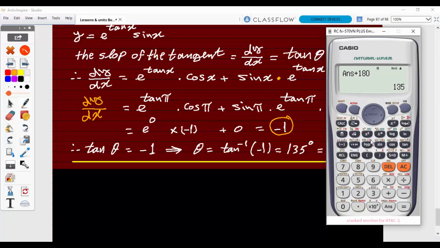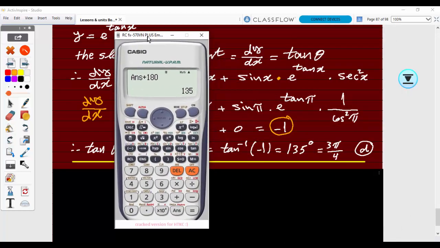equals 135. To convert it to the radian measure, you can multiply the answer here.